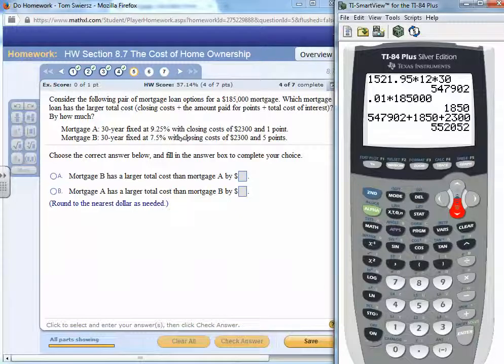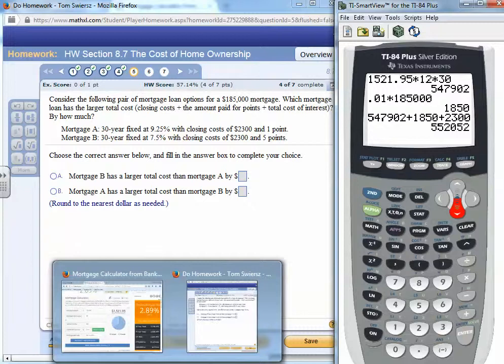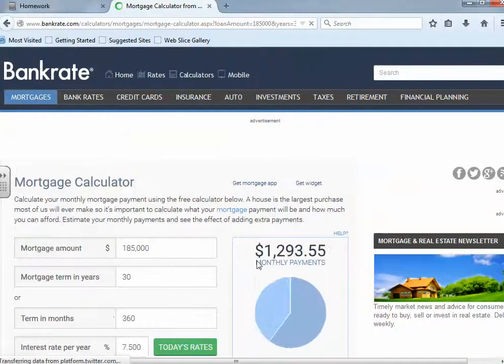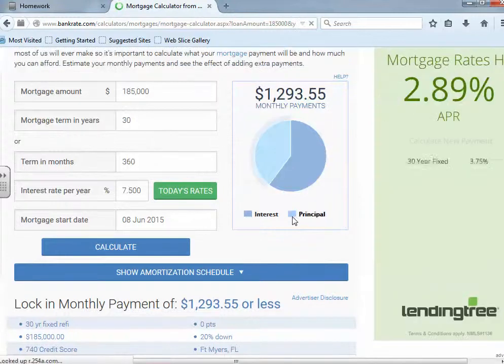Okay. Now we're going to do mortgage B. Mortgage B is 7.5%, $2,300 closing cost, and it's 5 points. So again, we'll go back to bankrate.com. It's still $185,000, still 30 years, but it's at 7.5%. So 7.5, go ahead and calculate, and the monthly payment is now $1,293.55.